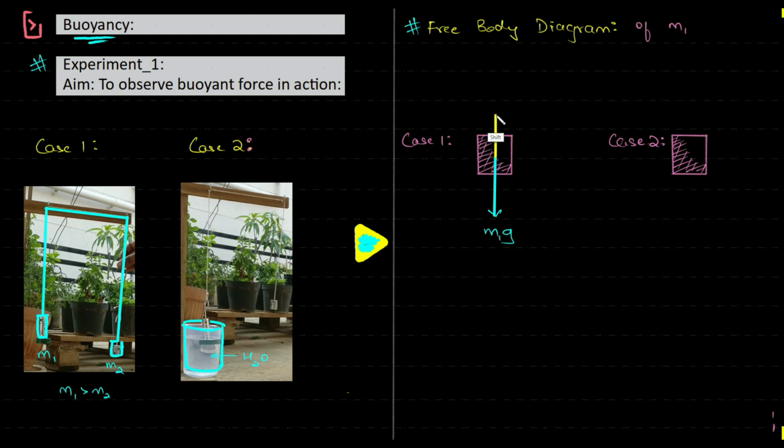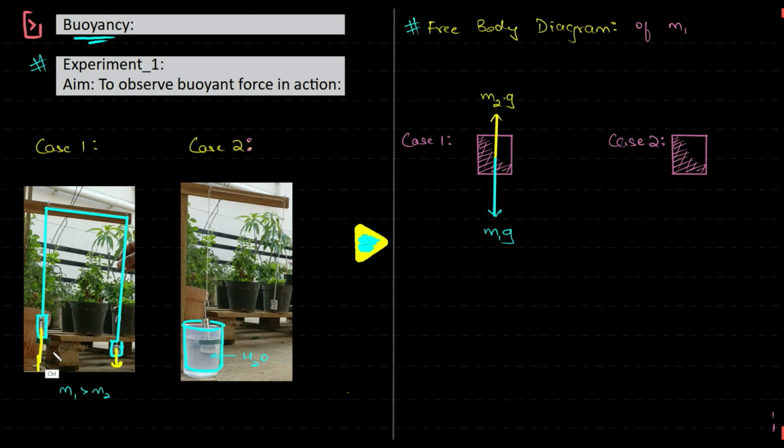The second one is nothing but the pull by the thread, which in turn is getting that energy from m2 into g. Is it not? See, in both these cases, the object is being pulled down.